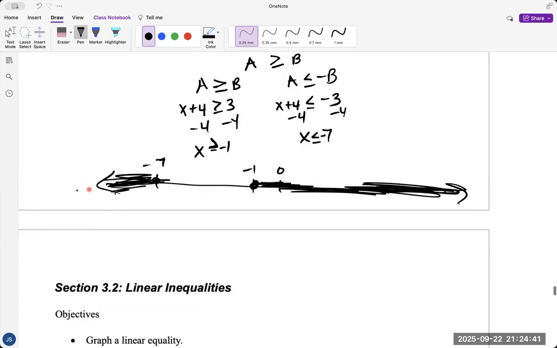We would say from -infinity, stopping at -7. This is starting at -1, going to +infinity. So I would write this: parenthesis -infinity, comma -7, square bracket, in union with, square bracket -1, comma +infinity. It's a square bracket because we are including the -7 and we are including the -1. And there we go. That's our solution.